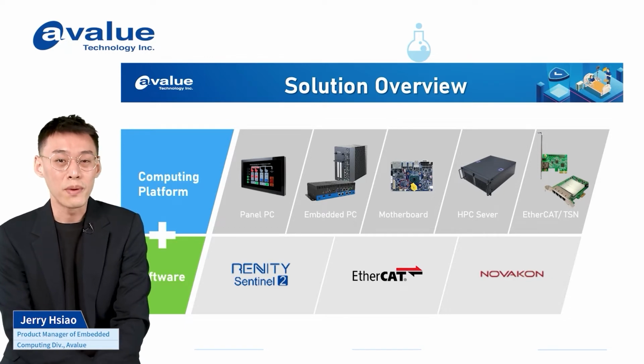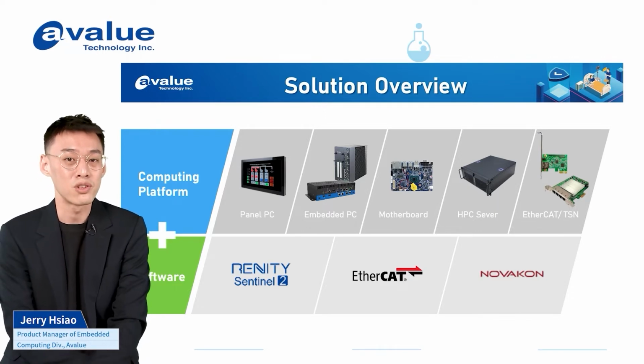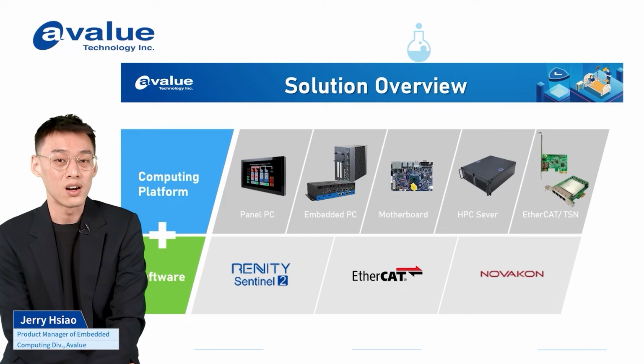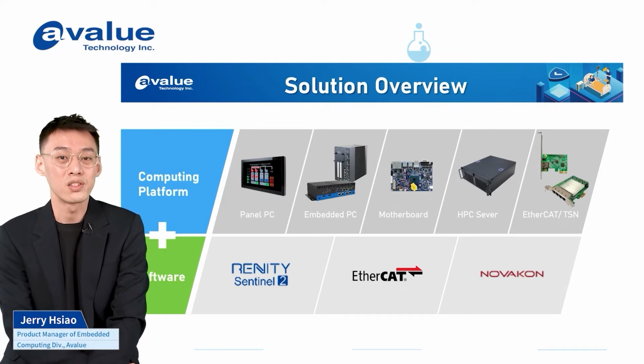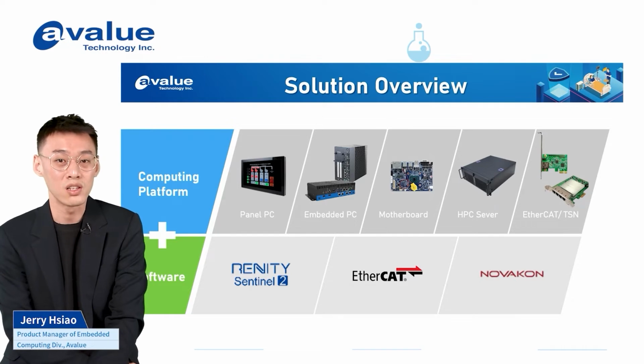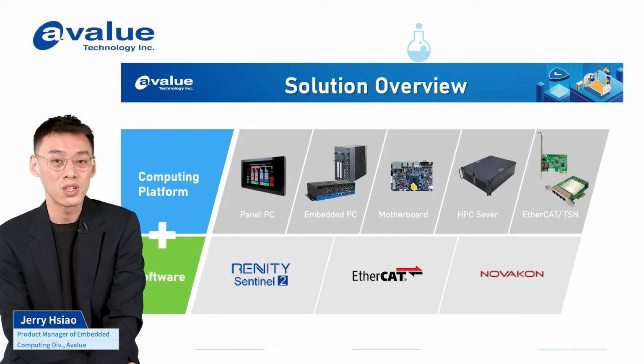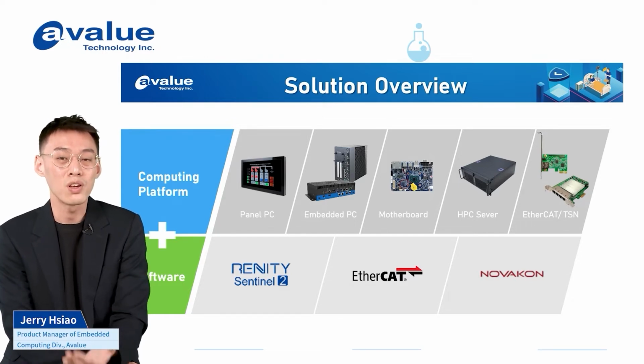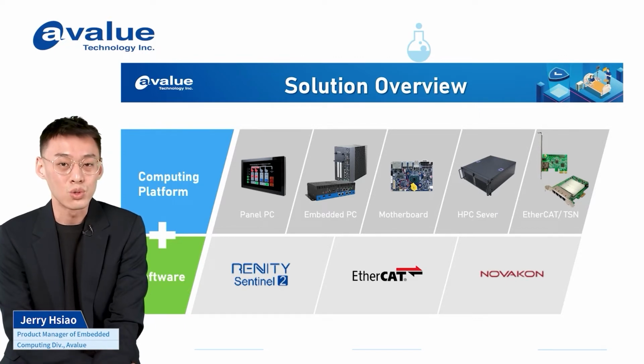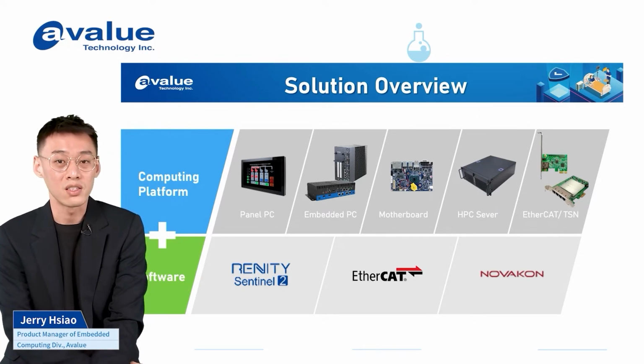Apart from the hardware itself, we want to provide further information such as software integration into the system. That's why today we talk about not only Industrial 4.0, but also the EtherCAT solution, along with our Reality Sentinel-2 and Novacon as a solution base.